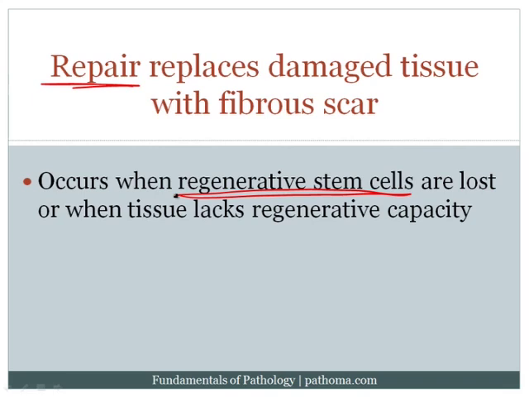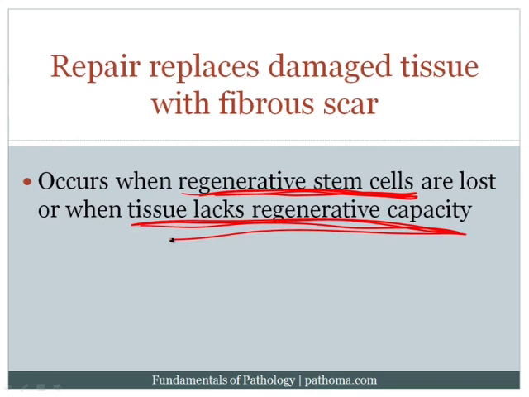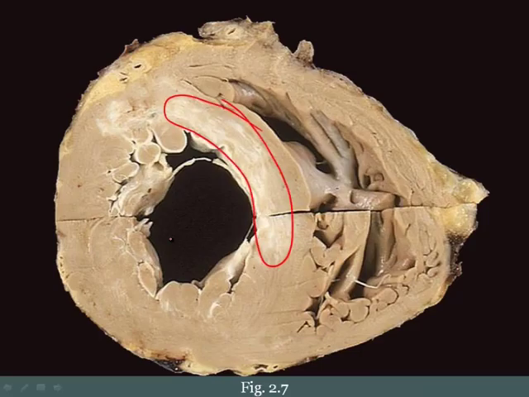And if the basal cells are removed, then you're going to get a scar instead of a replacement with skin. And that's why when you get a very deep cut, you can see a scar form. And you could years later say, oh, I remember this scar, I got this when I was cutting steak. And that would be another example of repair. So that's why I've stated here that it occurs when the regenerative stem cells are lost, for example, with a deep cut to the skin, or when the tissue lacks regenerative capacity, for example, myocardial infarction. All right, so both of those are kind of high yield.